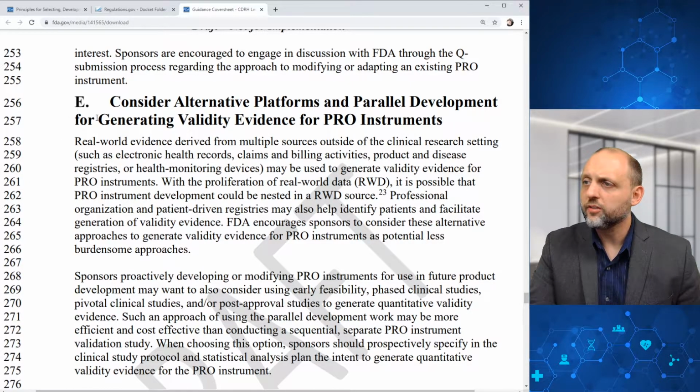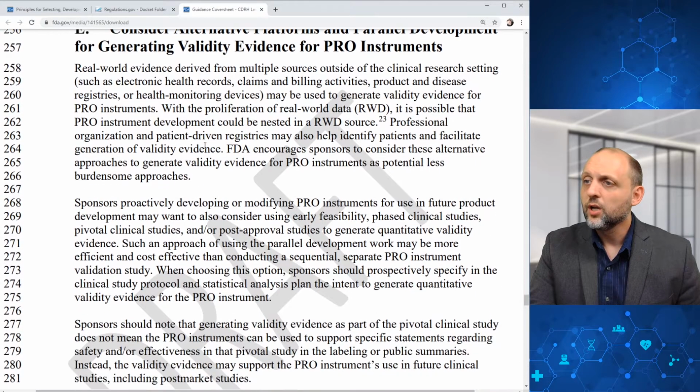And then FDA calls out, consider alternative platforms in parallel development for generating validity evidence for PRO instruments. Real-world evidence derived from multiple sources outside of the clinical research setting may be used to generate validity evidence for PRO instruments. With the proliferation of real-world data, or RWD, it is possible that PRO instrument development could be nested, pun I think intended in terms of the NEST system, in a RWD source.